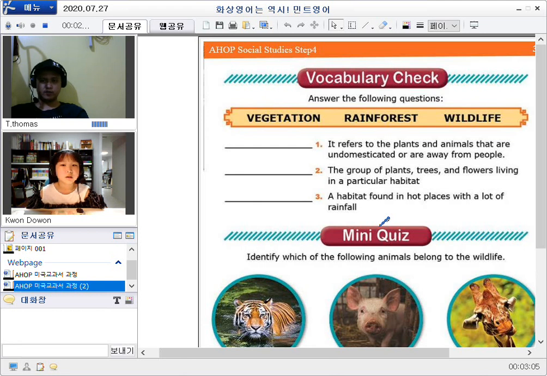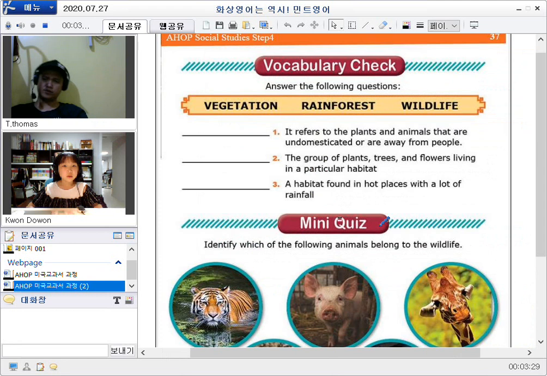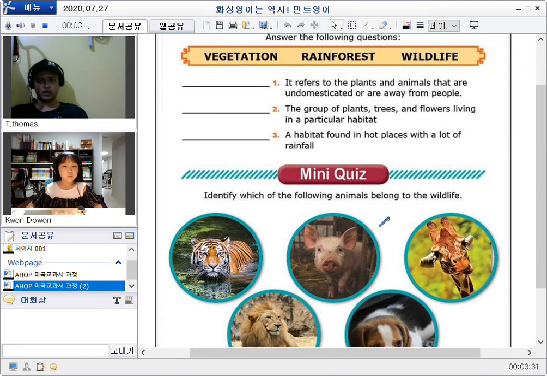The group of plants, trees, and flowers living in a particular habitat. It is a rainforest. Rainforest. Okay. And a habitat found in hot places with a lot of rainfall. It is wildlife. Wildlife. Okay.